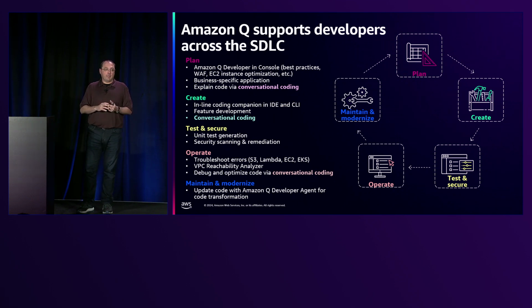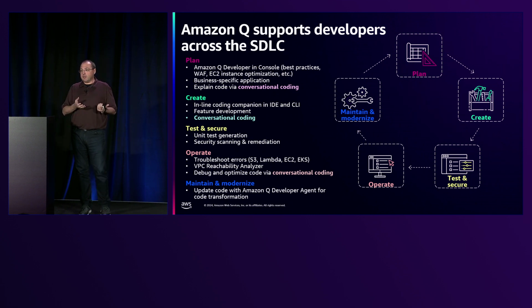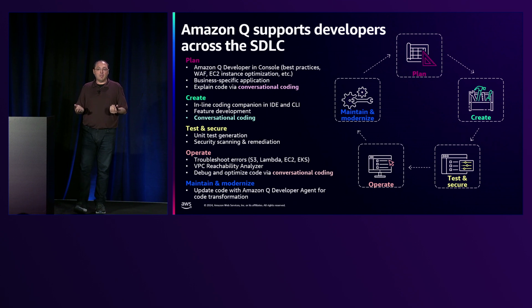Last but certainly not least is the feature development aspect. So within Q Developer, you can go into the chat and actually invoke the command /dev. You type /dev and then you provide it with a set of requirements.